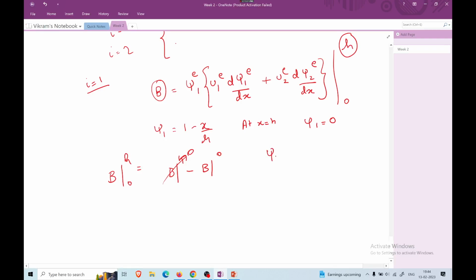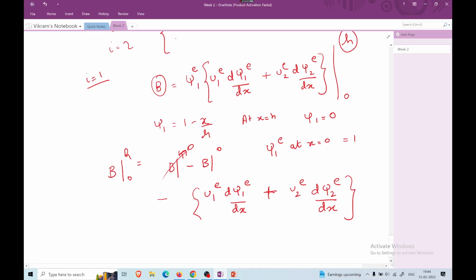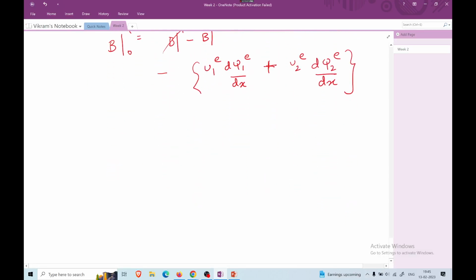And psi 1 at x equal to 0 is 1. So if I evaluate this minus this whole thing, psi 1 is going to be 1, u1 d psi 1e by dx plus u2 d psi 2e by dx. This whole thing is minus. What is d psi 1 by dx?